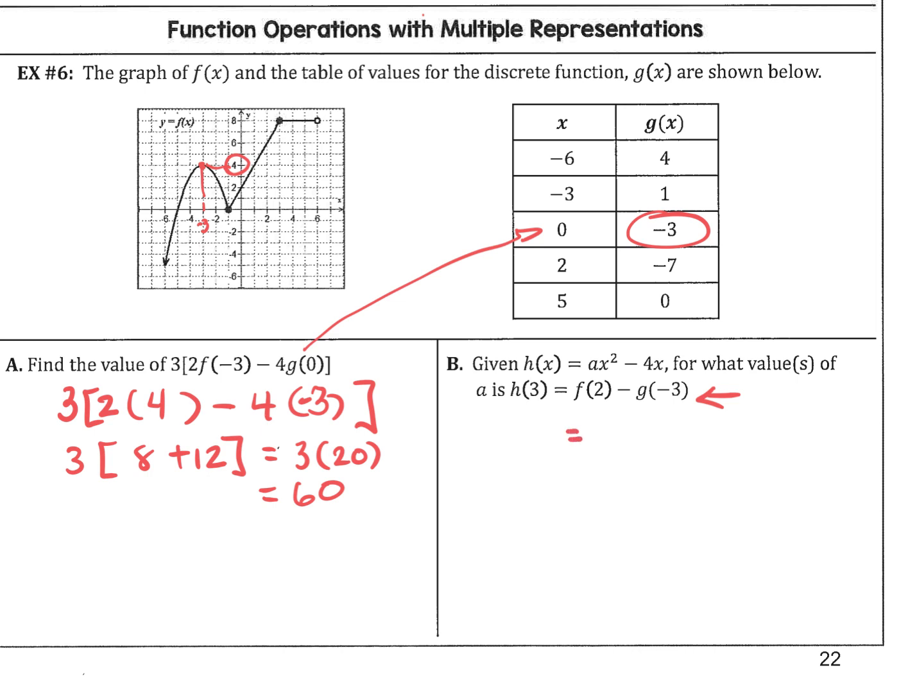Look on the graph. What is f of 2? Yeah, f of 2 is 6. So this is 6. Minus g of -3. What's g of -3? We go over to the g. G of -3 is 1.